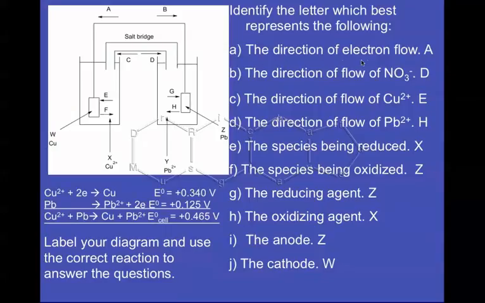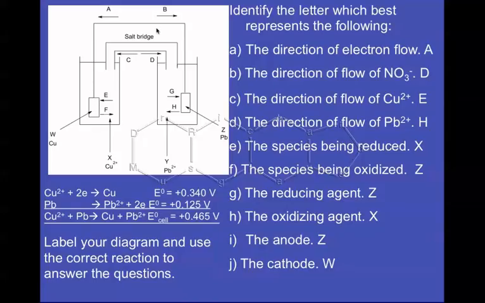So first one, direction of electron flow. Here's what we know. We know that the copper 2+ is accepting electrons, and we know that the lead is giving them up. The reason I say that copper 2+ is accepting electrons is because the electrons are on the reactant side. The copper 2+ is being reduced by the electrons. So electrons must be flowing towards the copper electrode.